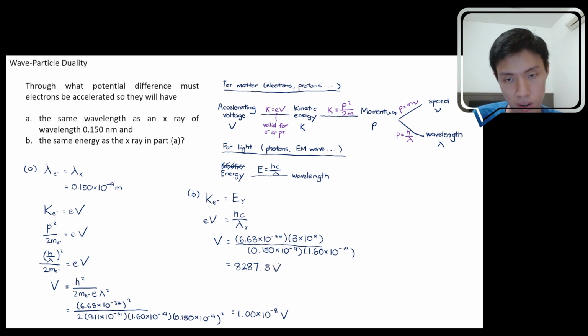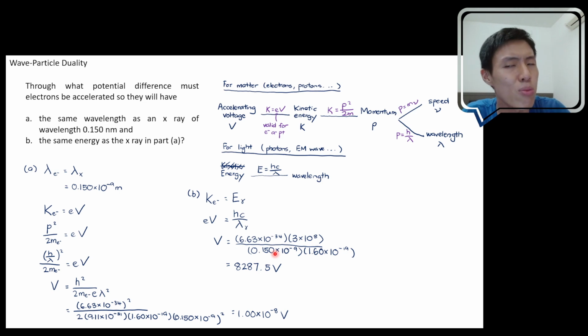8287.5 volt. Now you can see that if you're comparing in terms of wavelength, to have the same wavelength you need a very minimal accelerating voltage. But if you want the energy of the electron to match the energy of the photon, then you need a much higher accelerating voltage. Usually when we talk about electron microscopes, we talk in terms of wavelength.